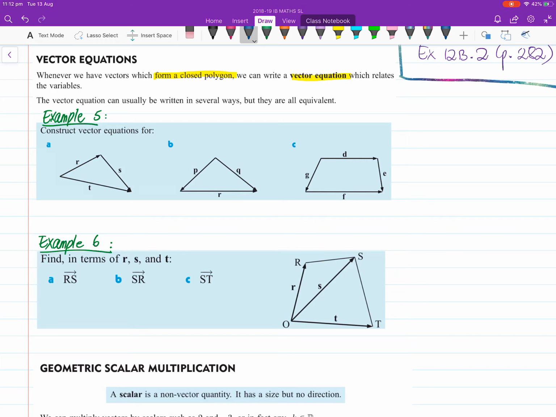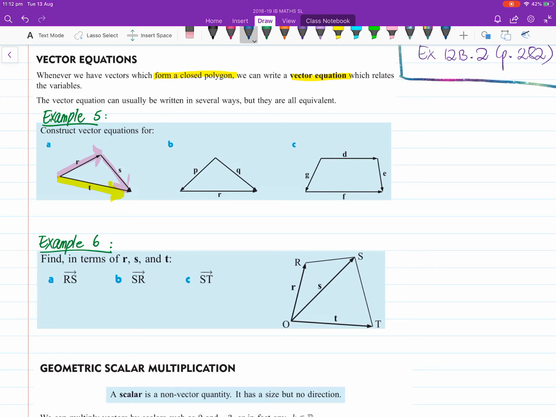Now there's lots of different answers that would be correct, but I can see here that R going that way from tail to tip, and then S going this way from tail to tip, I can say that R plus S is going to equal T. It starts from where the very beginning started, and ends where the last vector ends.